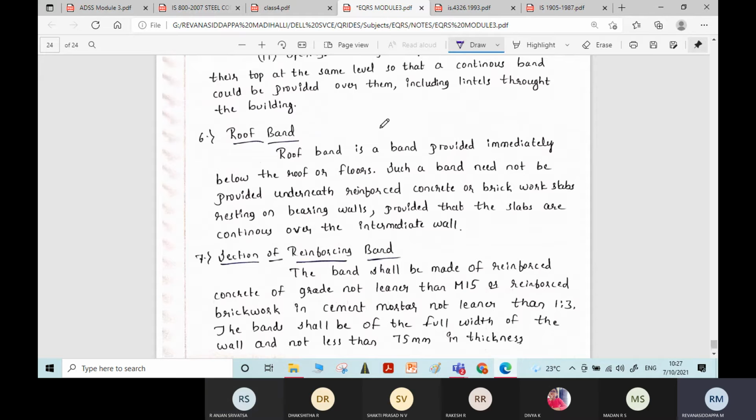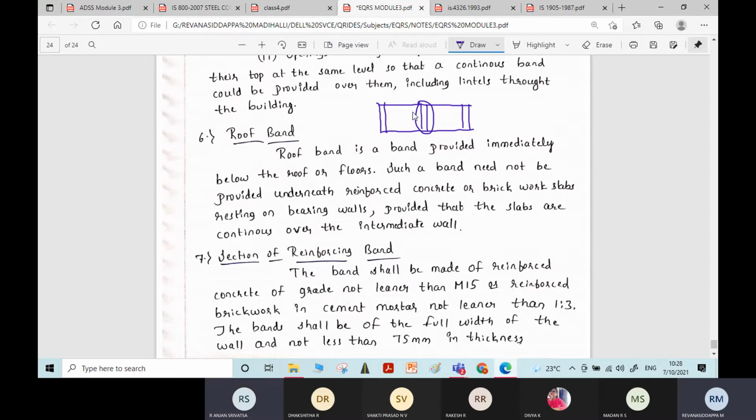For example, if you have one wall here and one more wall, an intermediate wall, if you are providing the slab over all these walls, at this joint or at this wall, you need not provide the roof band.